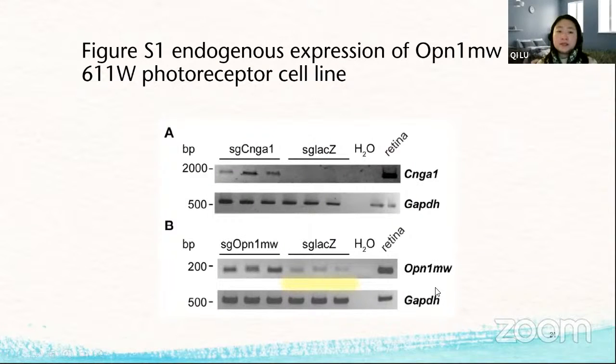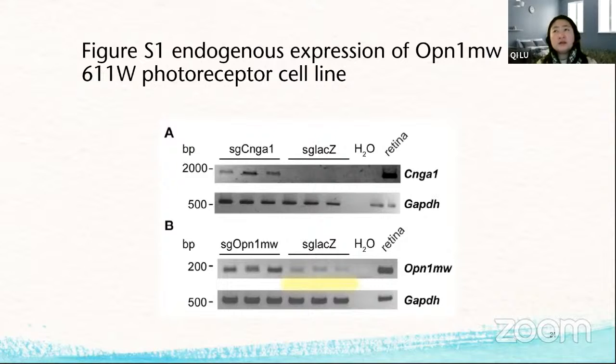So in this supplementary data, we can see that there's a background expression for the Lexi sequence. It means that this photoreceptor cell line has a background expression level of the opsin. This cell line looks like a mix.